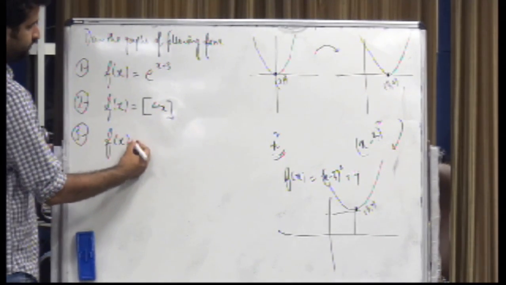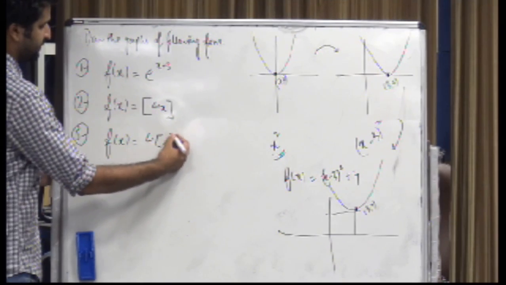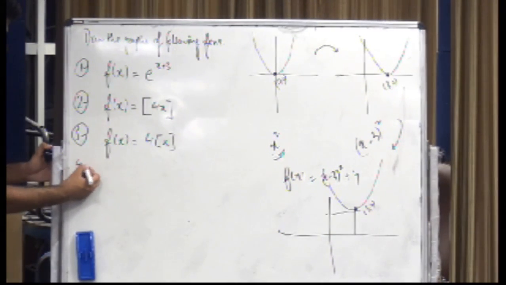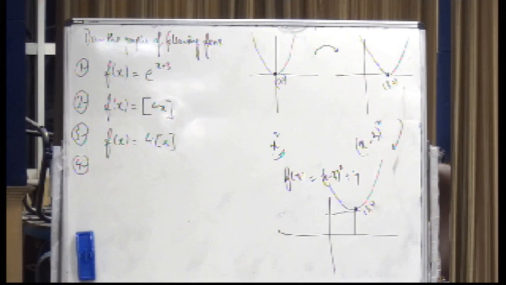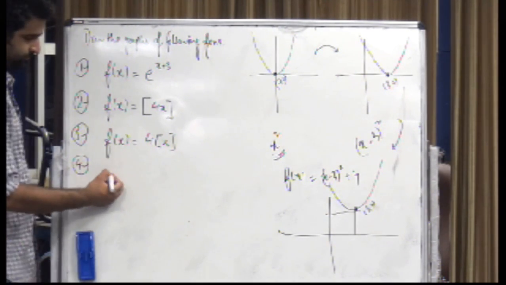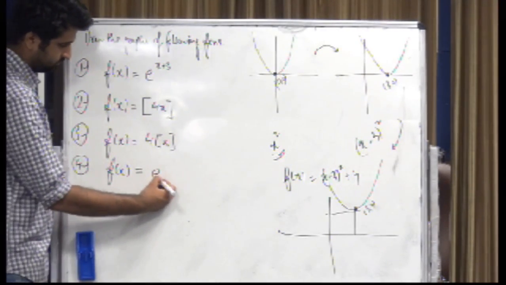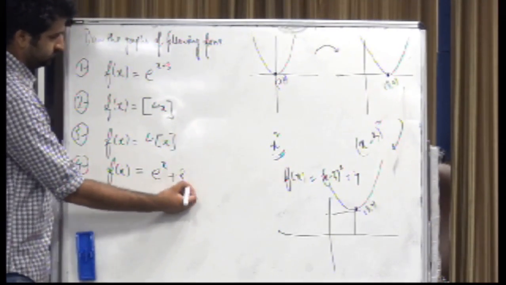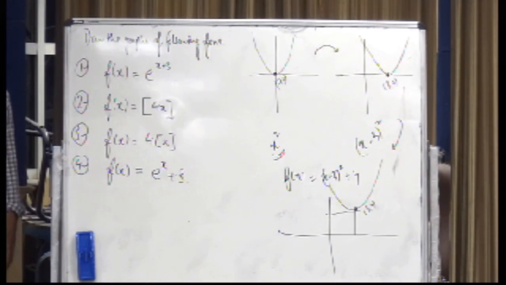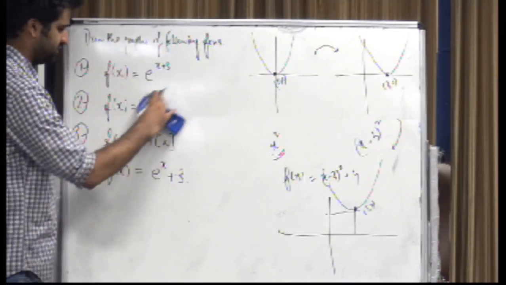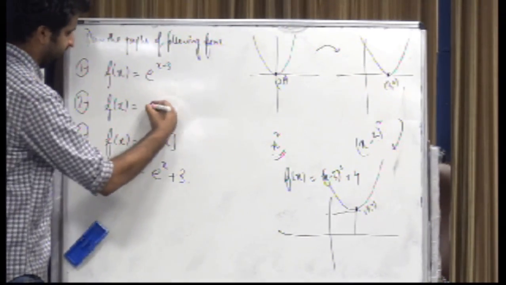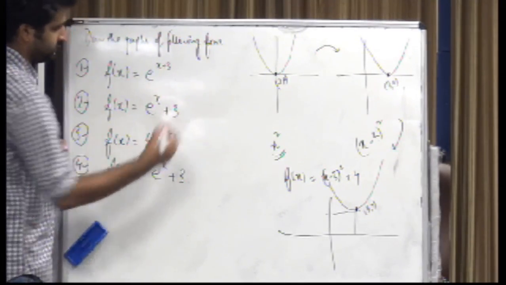Then f of x is equal to 4 times greatest integer function of x. Next is e to the power x plus 3, just interchange the order.